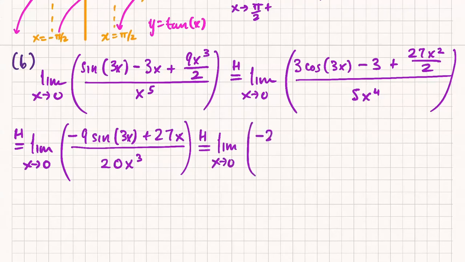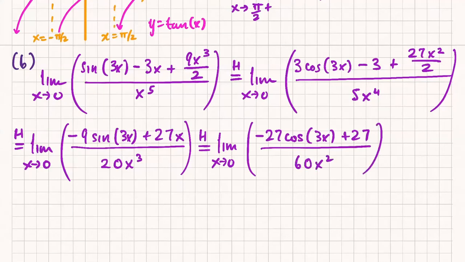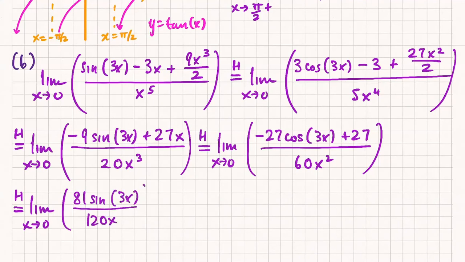Okay, so we get now negative 27 cosine of 3x plus 27 all over 60x squared. What happens? You get 0 over 0 a third time. So I have to do L'Hopital's rule another time. So now I get here, let's see, 81 sine of 3x over 120x. What happens?